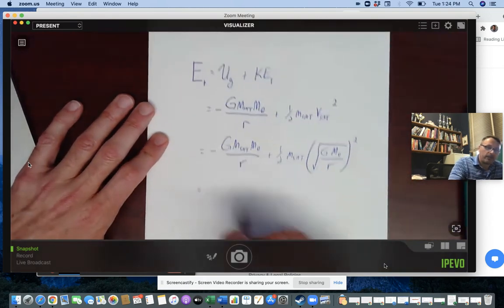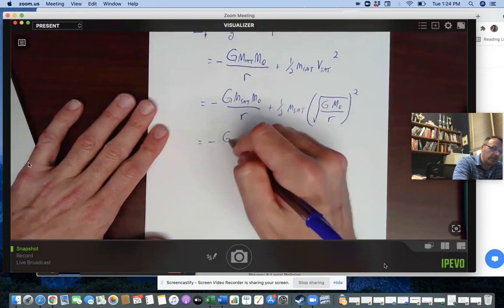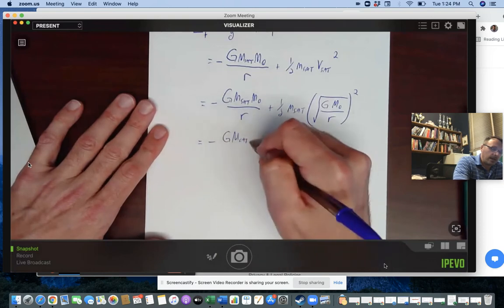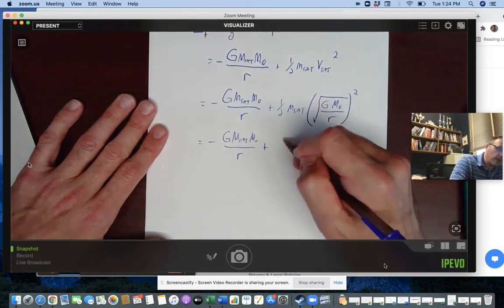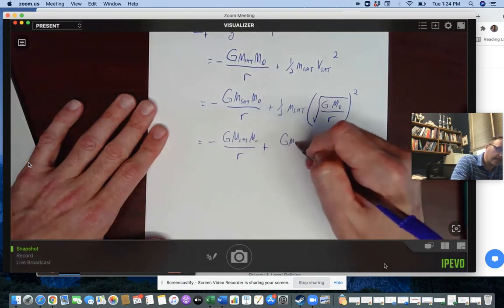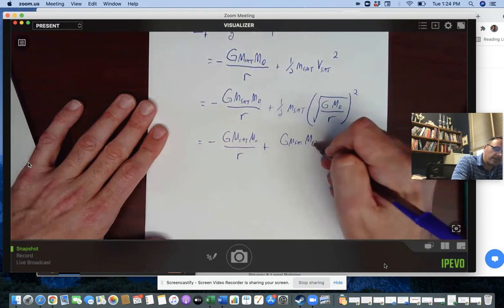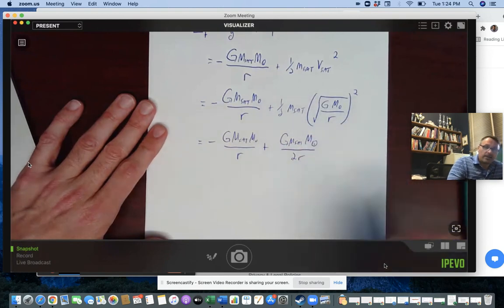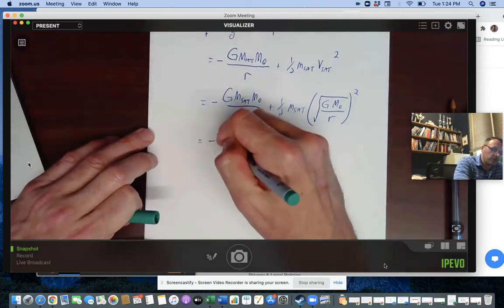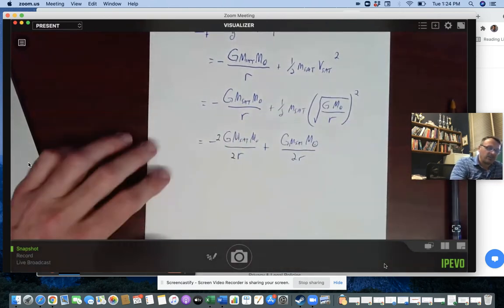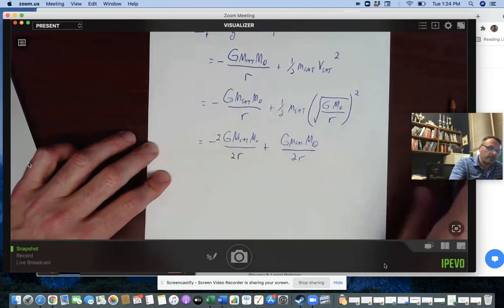So if I play that out, I get negative big G, mass of the satellite, mass of the thing in the center, over R, plus big G, mass of the satellite, mass of the thing in the center, over 2R. Now that's gross. So what I can do here is get a common denominator, 2 over 2, and then I just have negative 2 of these things and 1 of those things.